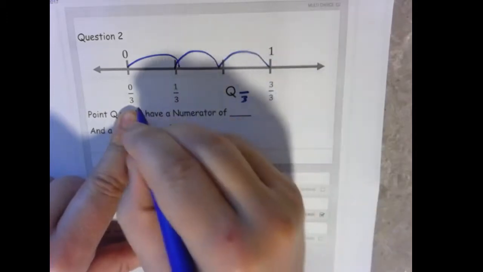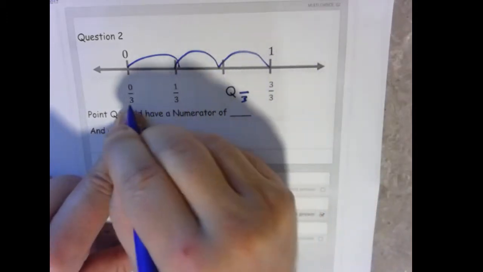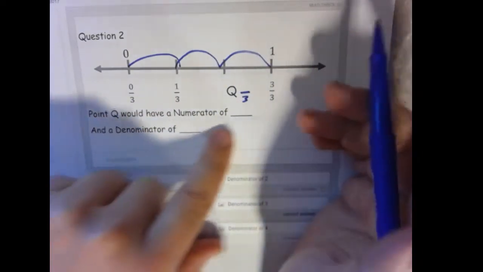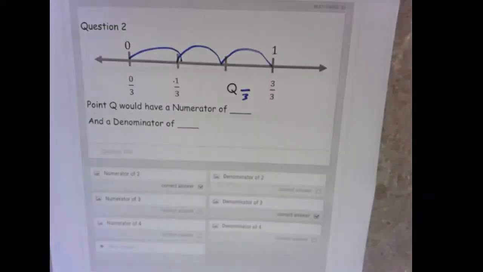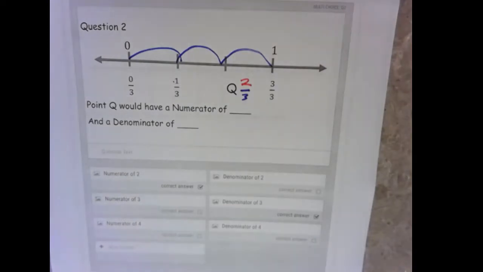It makes sense that the denominator is going to stay the same. That tells us what language we're speaking, or the size of our steps that we're taking. So 0 to 1 to 2. Let me do a different color here. Okay? So the denominator is always how many equally sliced pieces do we have to make that whole?